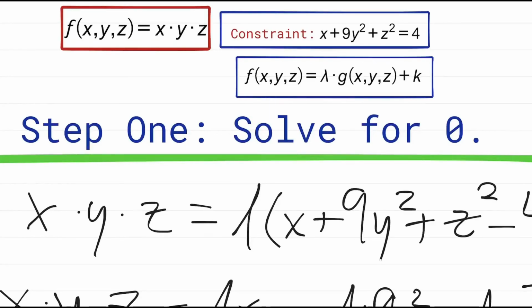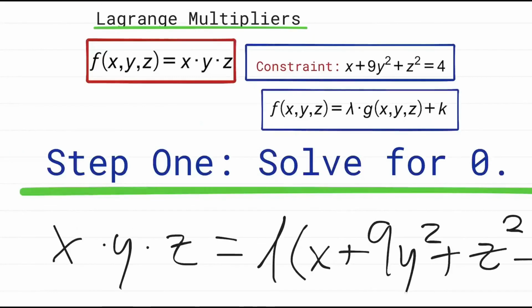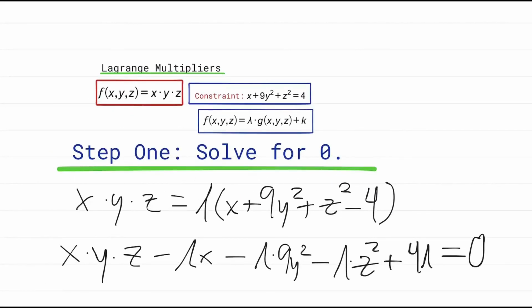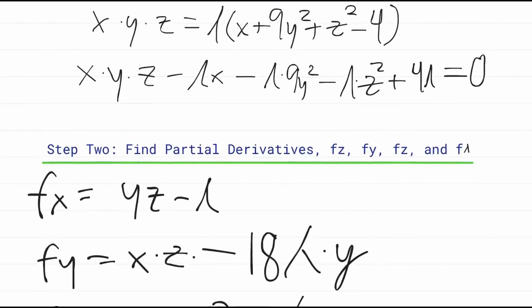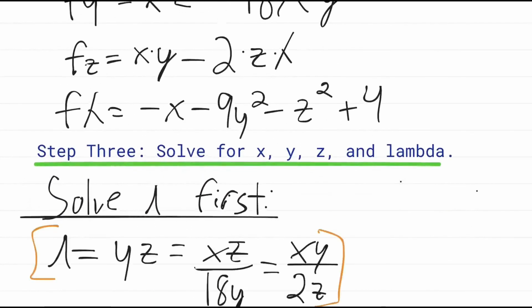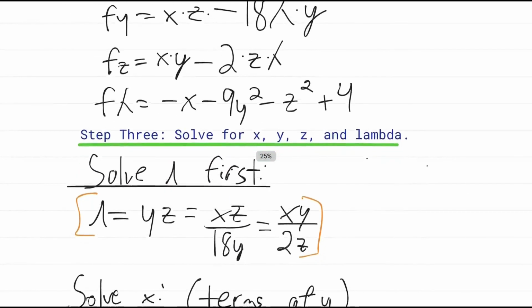The first thing we did was apply the formula in the blue rectangle, which is f of x, y, z equal to lambda times g of x, y, z plus k. We set up that equation and solve for 0. In doing so, we distributed every term by lambda. Once we solved for 0, we found the partial derivatives with respect to x, y, z, and lambda. We got these values.